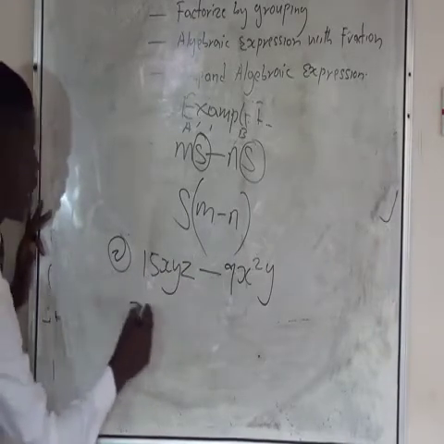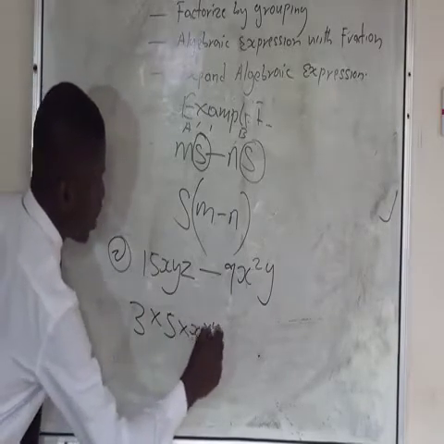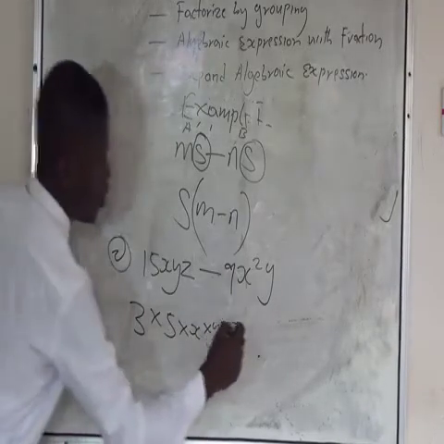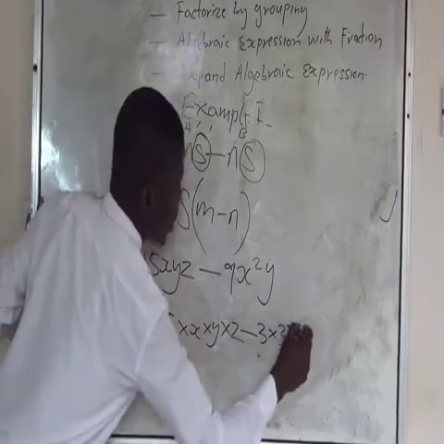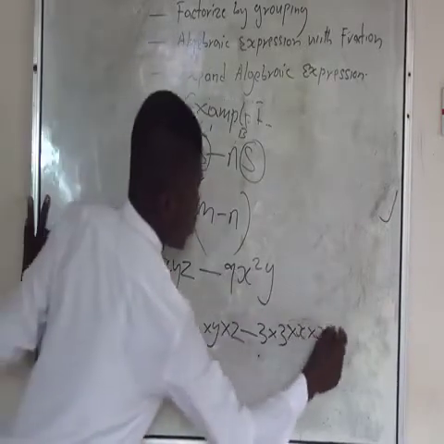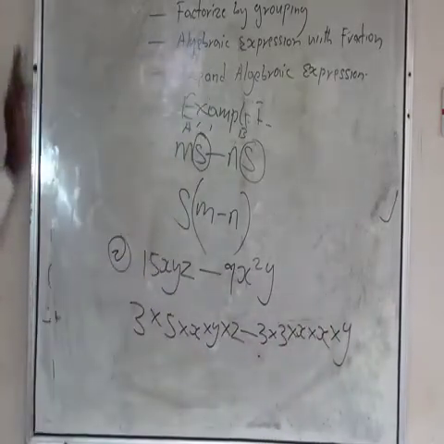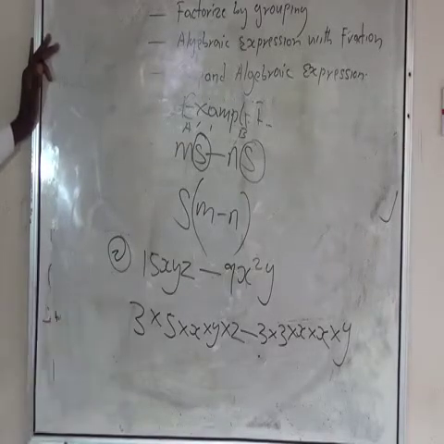So 3 times 5 gives us 15, times x times y times z, minus 3 times 3 to give us 9, times x squared, times y.